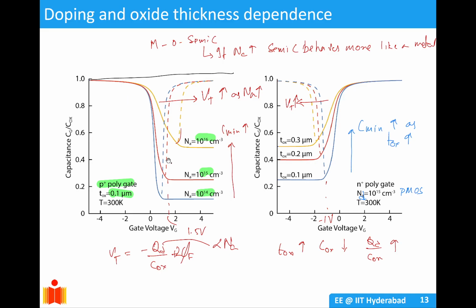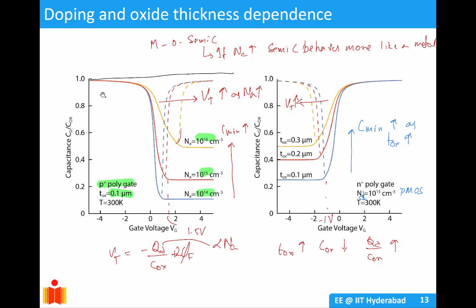So you see this is a PMOS and this is an NMOS. So here the substrate is N type. So this is an NMOS.